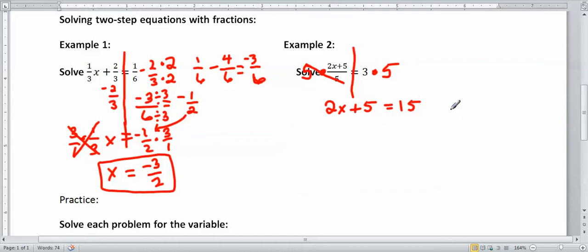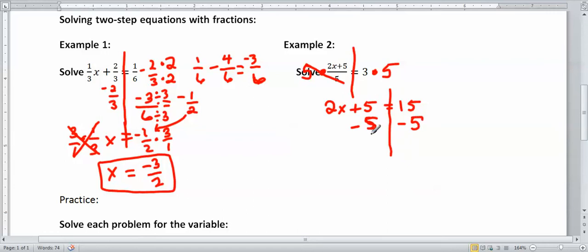Now that we've gotten this far, I want you to practice, because this is from yesterday. Pause the video for a second and see what you come up with for the rest of this problem. Okay, what you should have done is this is 2x, and I'm adding 5 to it. To get rid of the 5, I'm going to create another mirror. I need to do the opposite, so I'm going to subtract 5.